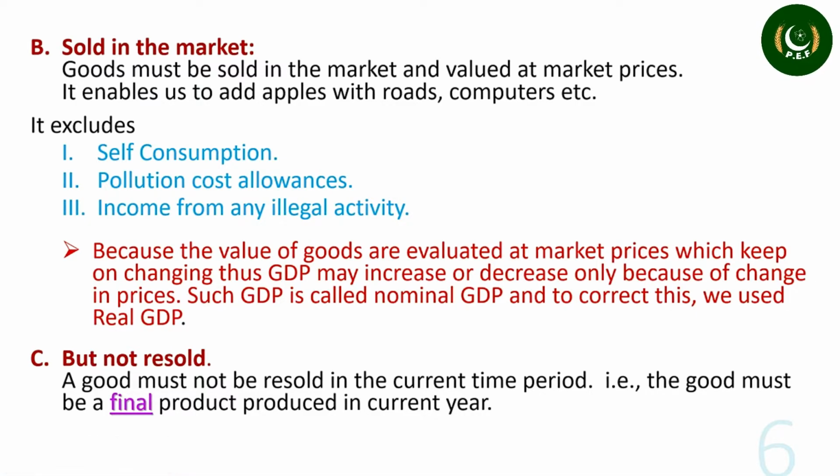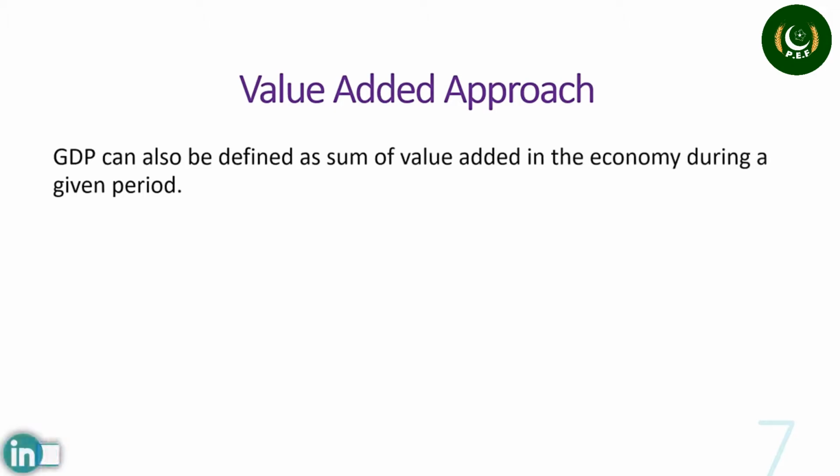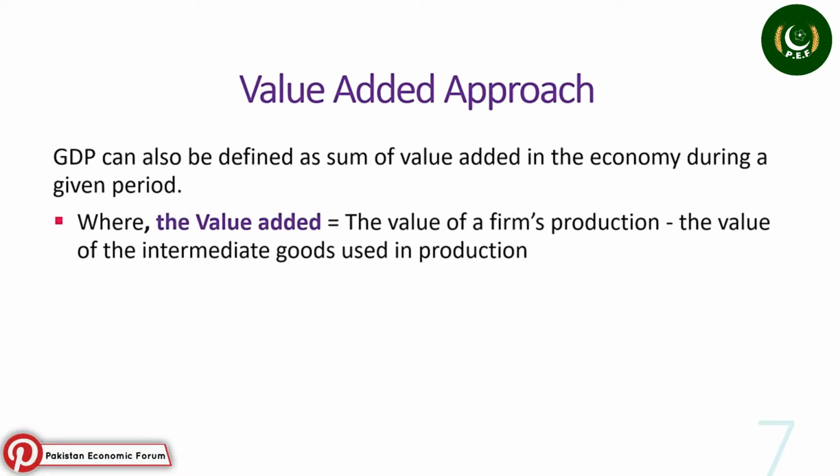Second approach is value added approach. We can also define GDP as the sum of value added in the economy during a given time period, where value added is the net of the value of a firm's production, we subtract the value of intermediate goods used in the production.